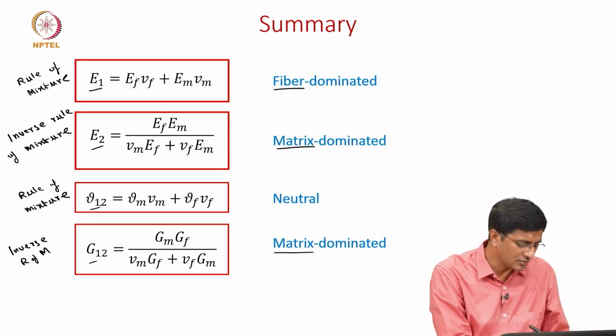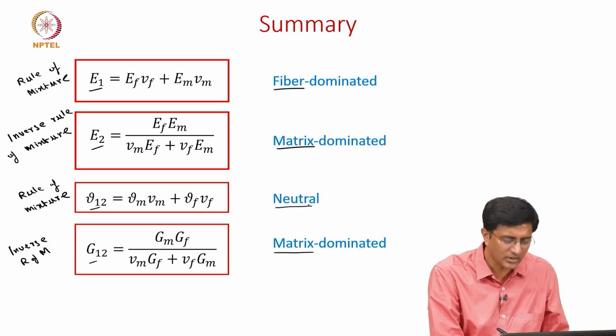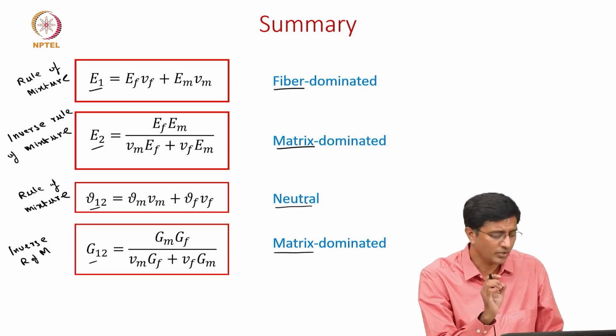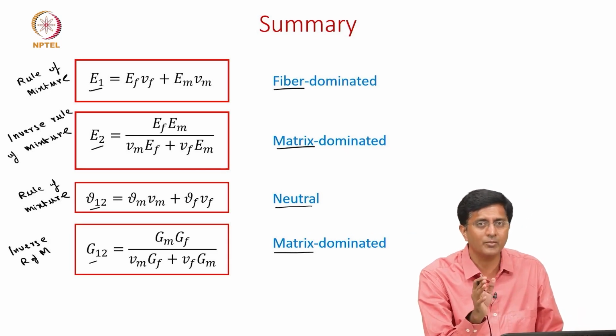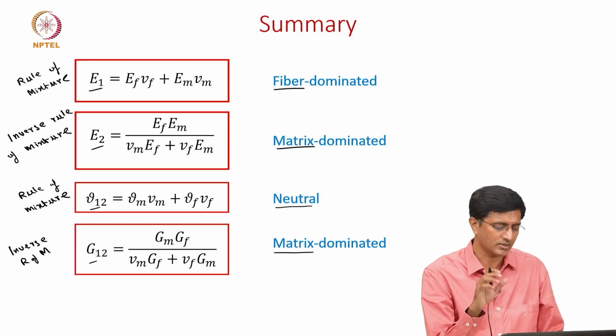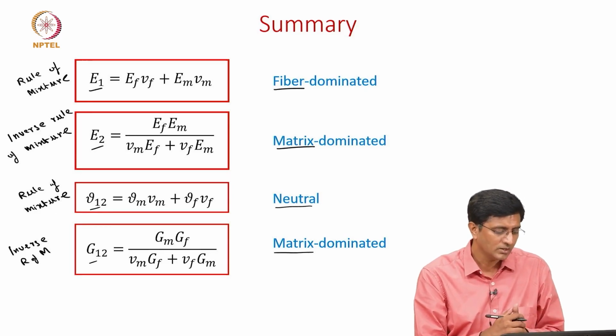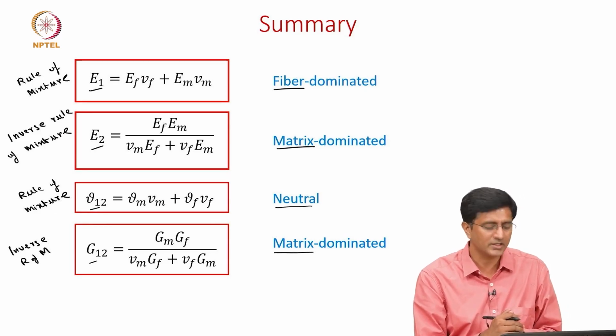And finally, for the Poisson ratio, we said it is neutral. The reason is that the properties of the fiber and matrix, especially for the Poisson ratio, are almost close to each other. There are no big differences. Whereas the moduli of the fiber and matrix are very different, and similarly the shear modulus is also very different.